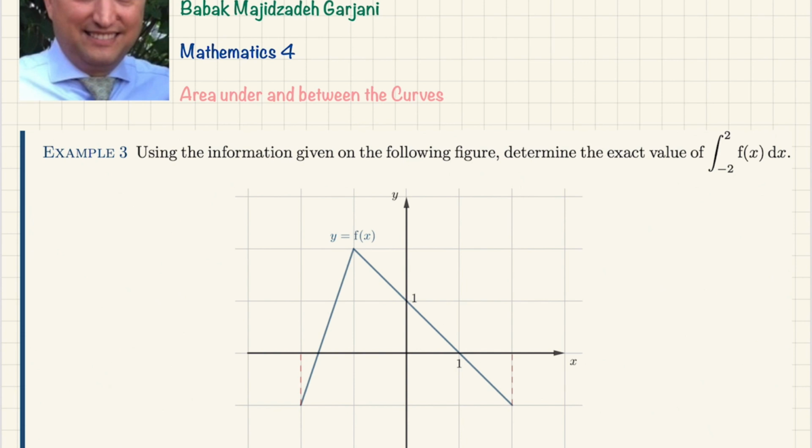By the information given, you see this is 1 unit, this is 1 unit. So if I ask you what is this line, it's -2 here, and this one is 2. And you want to find the integral from -2 to 2. But you need to know, if I go from -2 to 2, what are the areas that I am interested in? One part of the area will be here, one part of the area will be here, and one part of the area will be here.